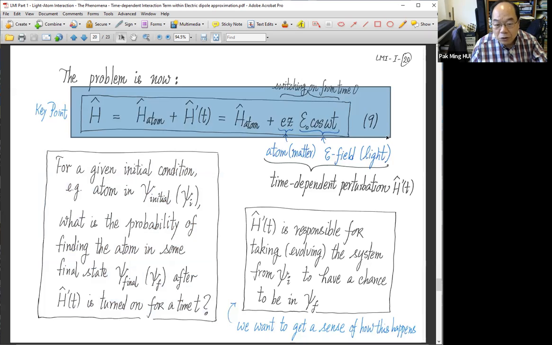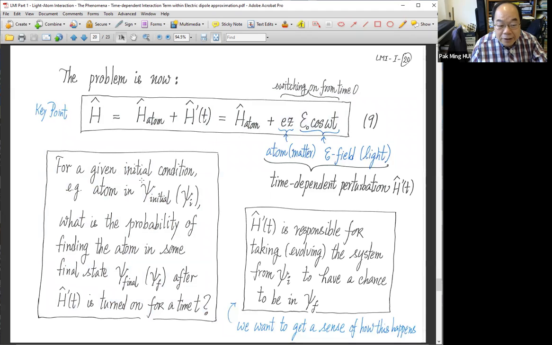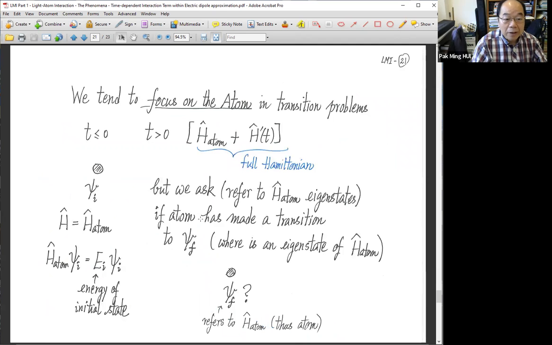Okay, so it has to do with a system starting from this state and evolving in time. So this is the pictorial way to state the problem.